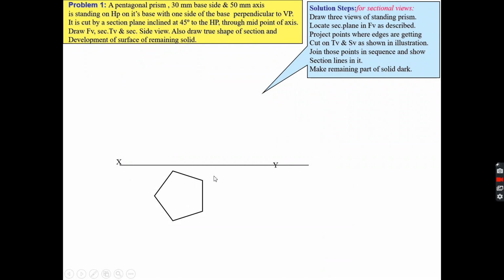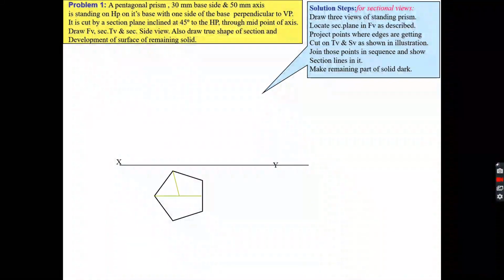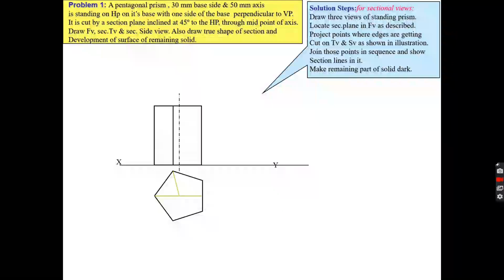So this is how you will make the top view, and this is your one base side which is perpendicular to the vertical plane. After that you can get the midpoint of the pentagonal prism, and after that you can make the front view like this.